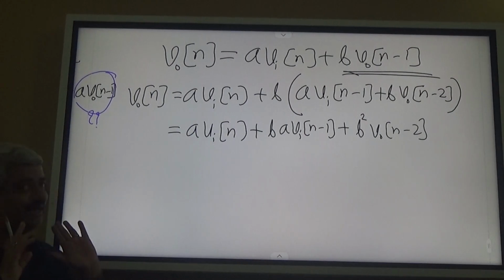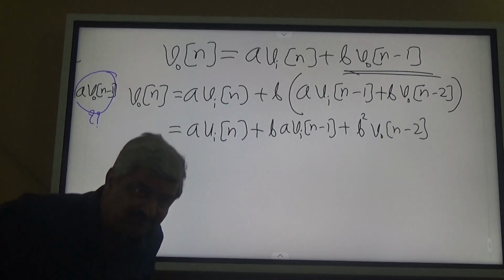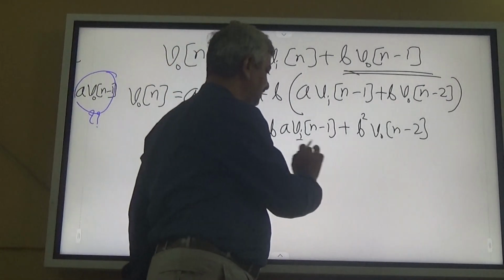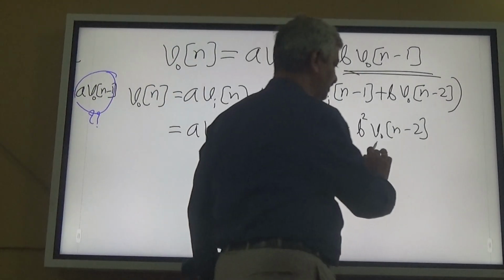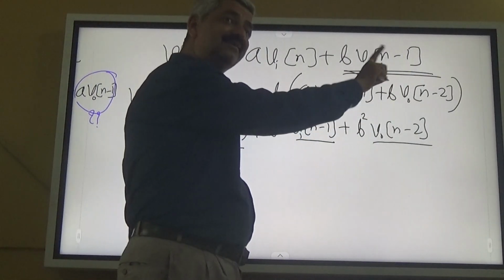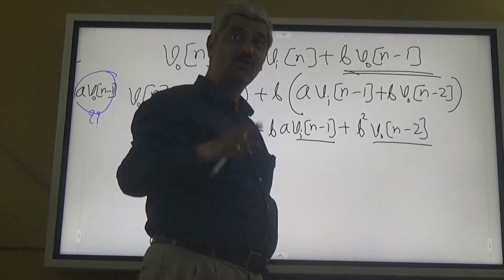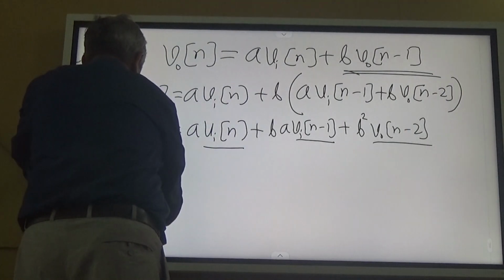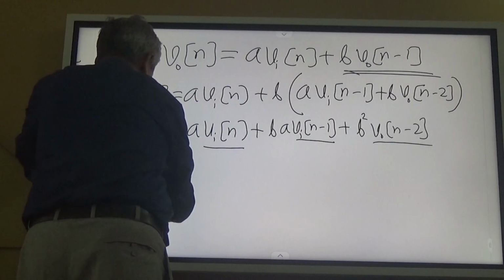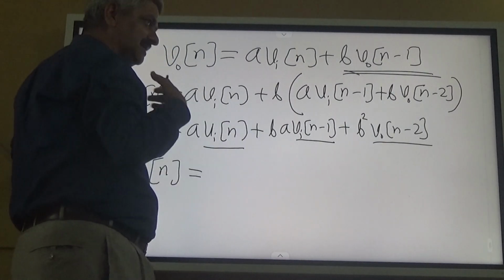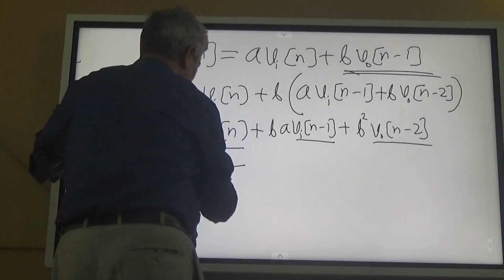So ultimately what you will be getting is a term V_in n, a term V_in n minus 1, a term V_in n minus 2. Then when you want to replace that, n minus 2. I hope that you accept this not because I say so, but by your own thinking.